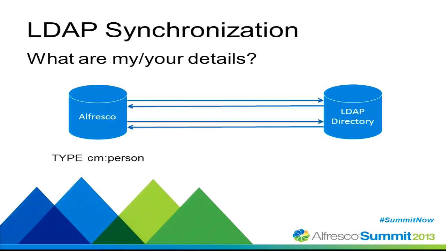If you remember the slide I showed in the internal authentication, what synchronization is going to do is take the information here and synchronize with the person node in Alfresco. So I started with an fblogs. It's going to synchronize details from fblogs.